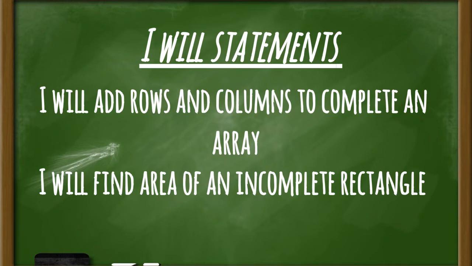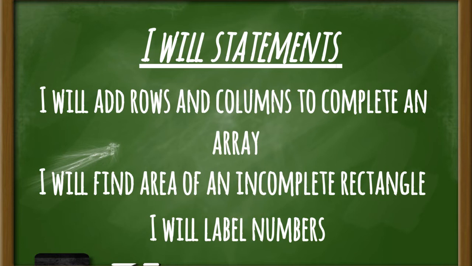Say that one with me. I will find area of an incomplete rectangle. And our final one. Remember, listen first. I will label numbers. Say it with me now. I will label numbers. Good job, mathematicians.